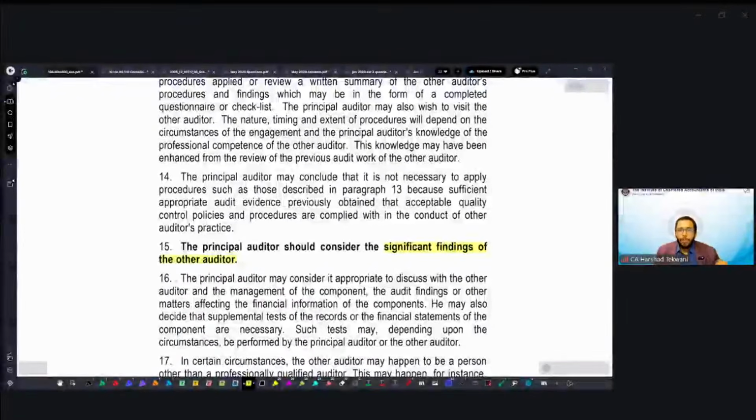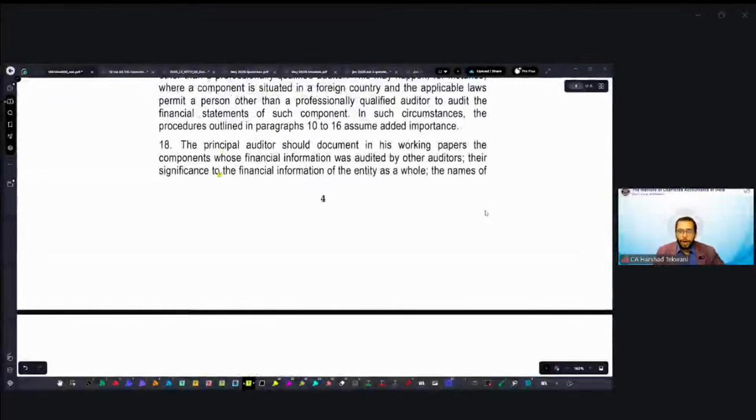The auditor has to document in his working papers what conclusions were reached. This is very important and required.